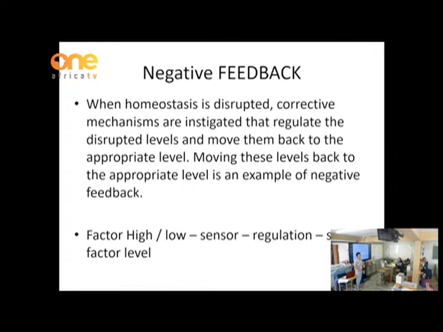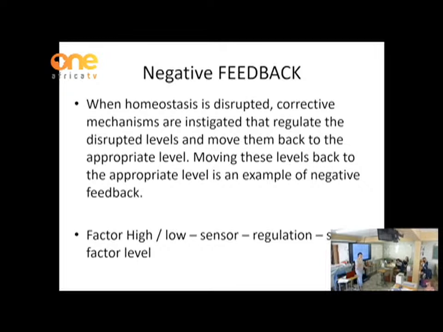Because you must not see the word negative. What it means is, listen to the language: if my blood water levels are low, it needs to do the opposite. I need to higher them. That is why they call it negative feedback.